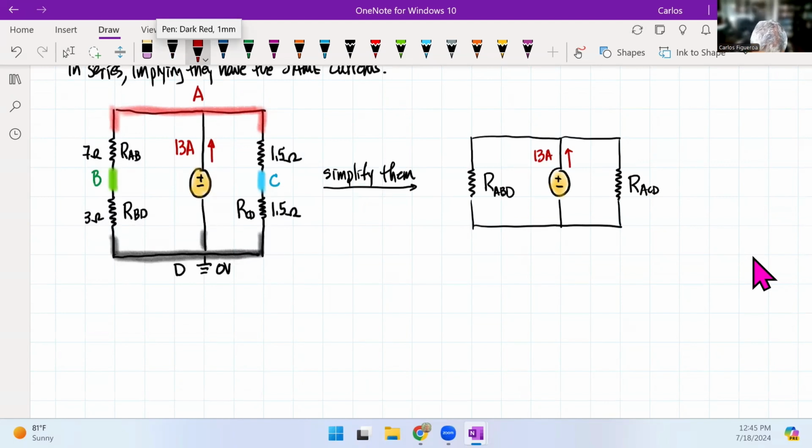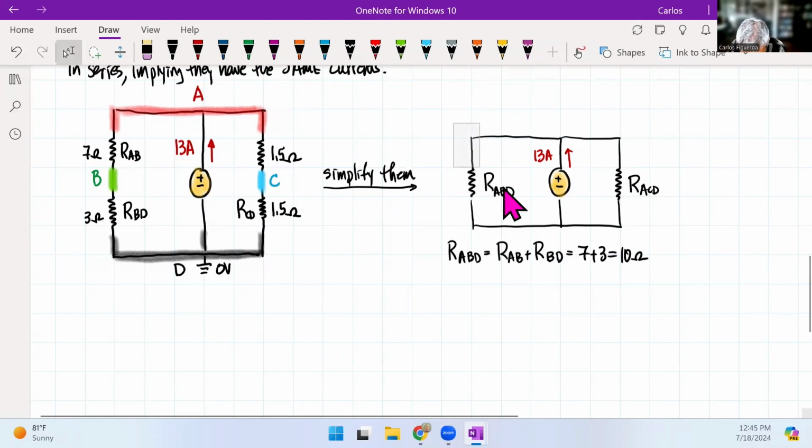So when I'm looking at this, let's look at this resistor. Resistor RABD has two resistors in series. So it's RAB plus RBD, and that's going to give us 7 plus 3, which will give us 10 ohms. I think I want to move this over here a bit more.